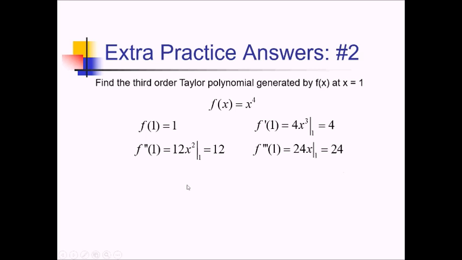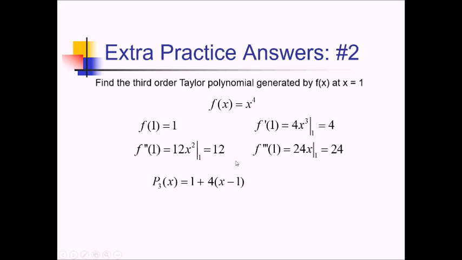So our third order polynomial is going to be this initial f of 1, plus f prime of 1 times x minus 1, so 4 parentheses x minus 1. And now everything is getting one of these x minus 1 terms in it.